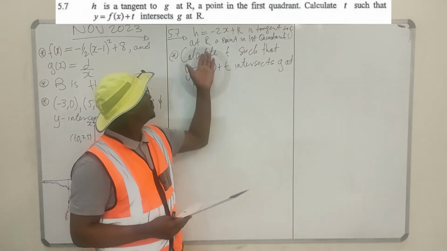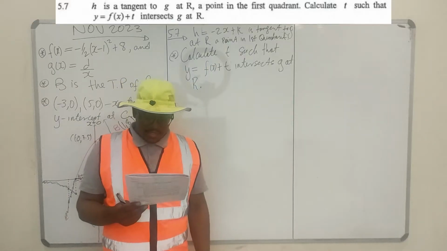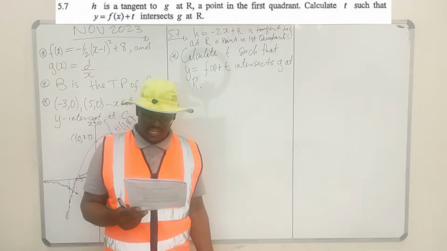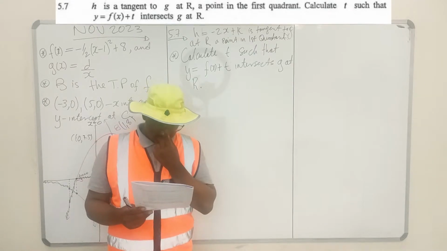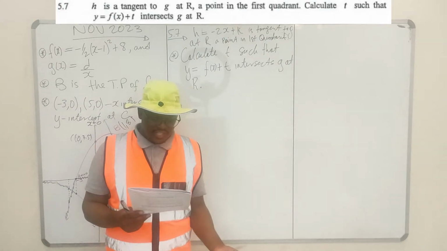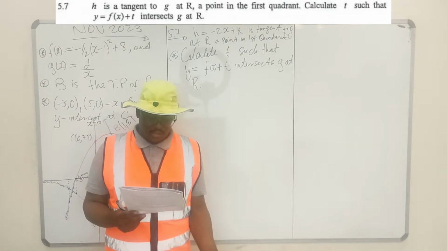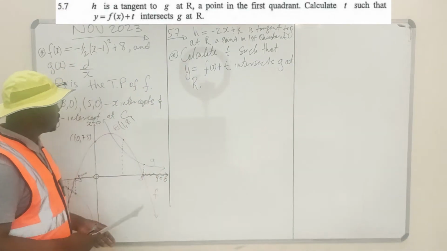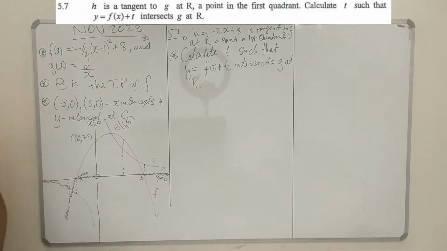They're saying H is a tangent to G at a point R, which lies in the first quadrant. So they're saying calculate t such that a function defined by y is equal to f of x plus t intersects G at a point R. I think I'll need a different ink.